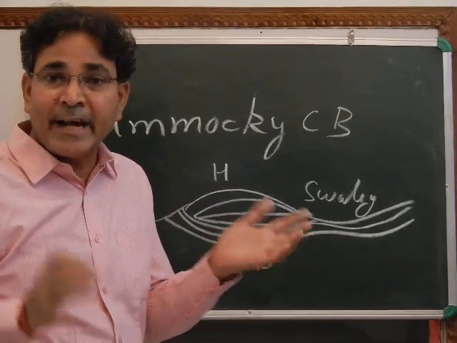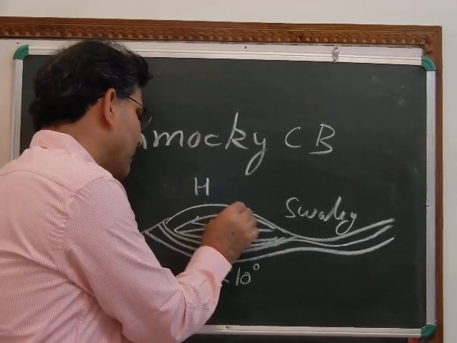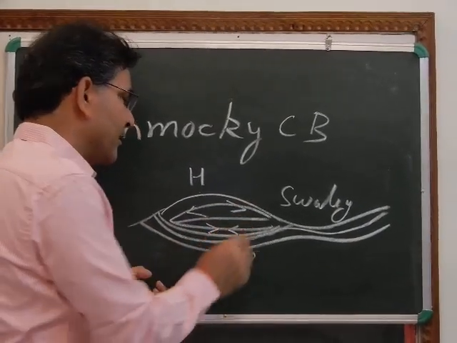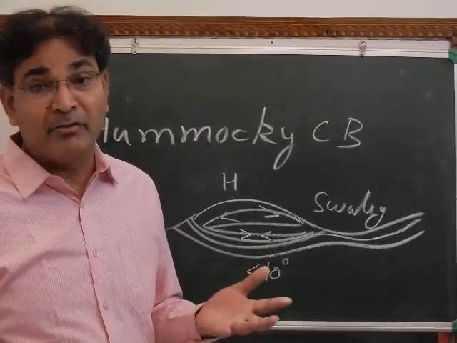There is no definite direction for the foreset laminations. Some are dipping in this direction, some in that direction. Means the direction of the foreset laminations is continuously varying.